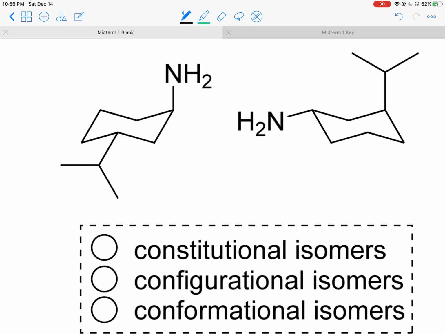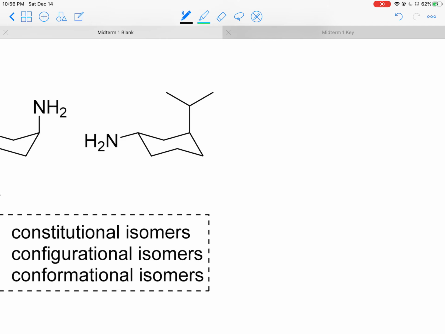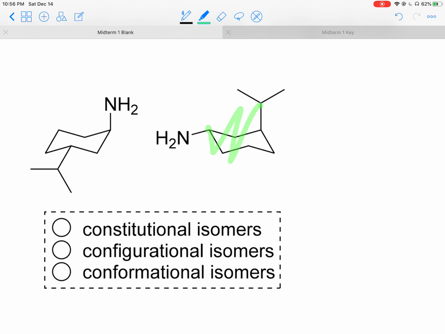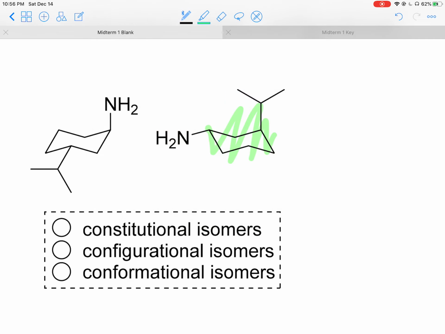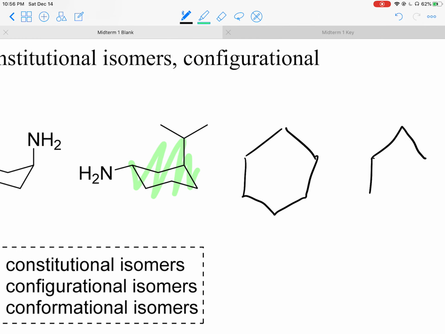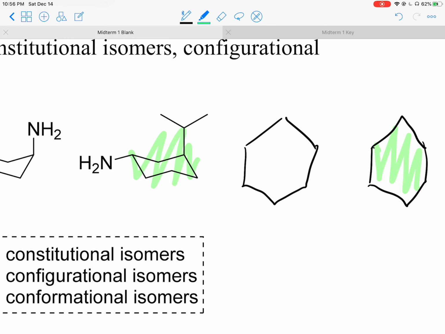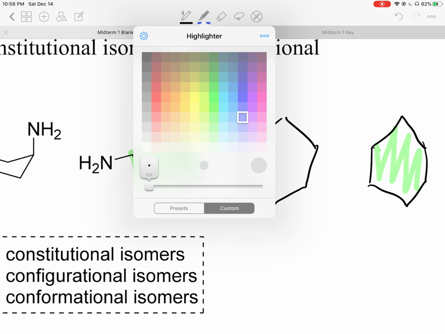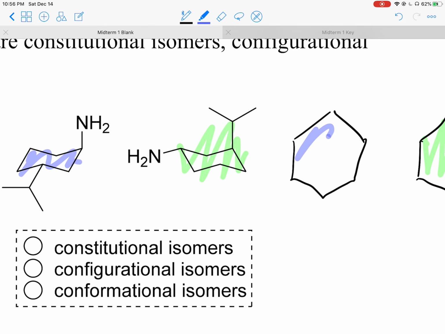Let's go ahead and draw the two cyclohexanes for this one. We'll call this one green, and this one over here will be that kind of indigo color.